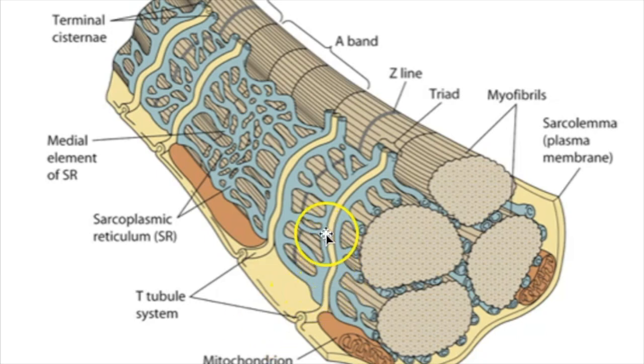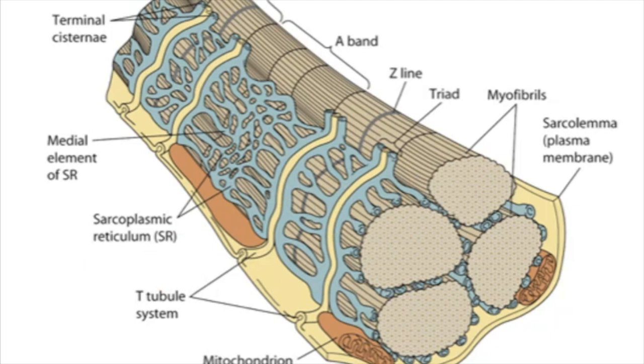You'll notice that each T-tubule is surrounded by two blue tubules that represent terminal cisterna. The terminal cisterna are just parts of this sarcoplasmic reticulum. So one T-tubule surrounded by two terminal cisterna makes up a triad. And a triad is functionally important during contraction.